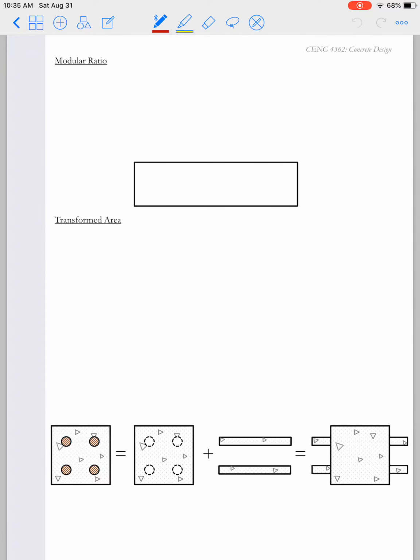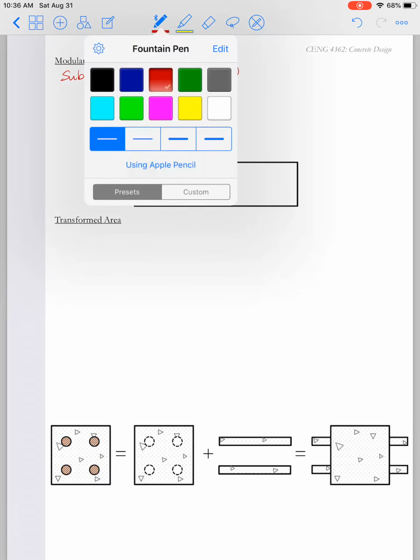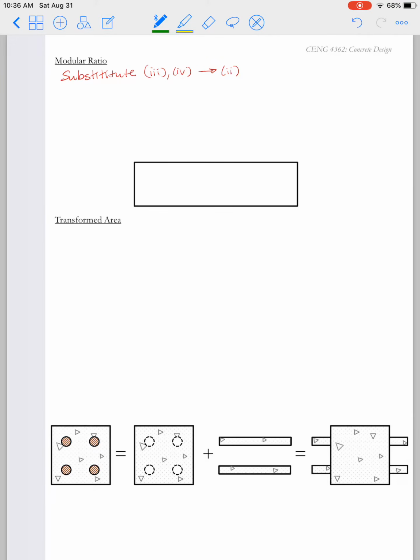All right, so using those equations, we're going to formally determine the modular ratio. So if I take equation 3 and equation 4 and plug them back into equation 2, we will end up with the following result.